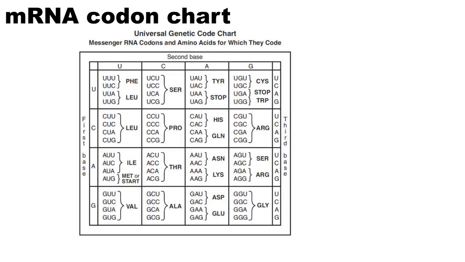I'm going to give you one to look up. GAU. Try and find it in this chart. You have a copy of it on your paper also. GAU. Raise your hand when you know what amino acid it's a code for.